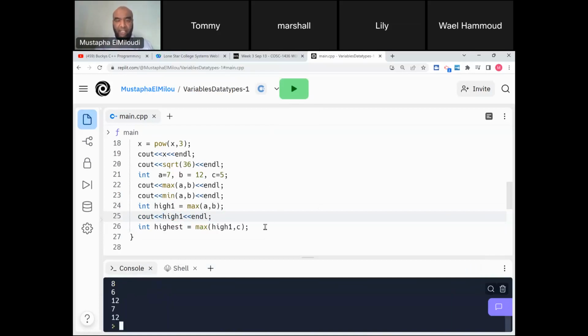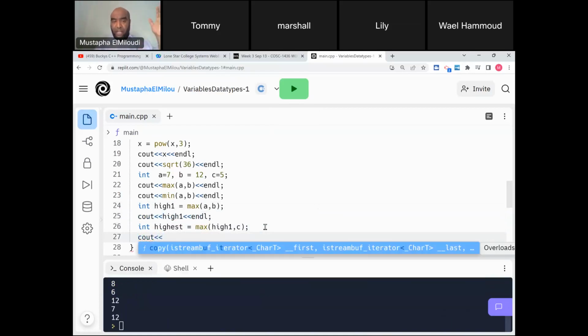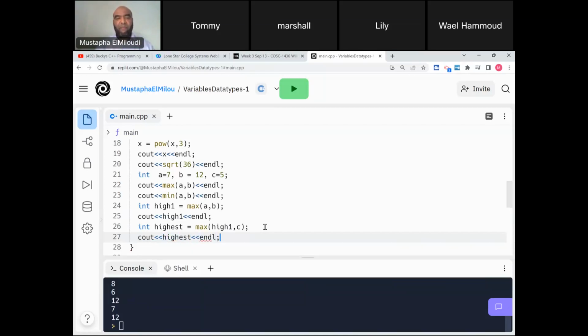See that? And then if I print now highest, it's going to compare 12 with 5. Of course, 12 is higher, so it's going to show me the highest of all three, which is still 12. Everybody get this? Yes.